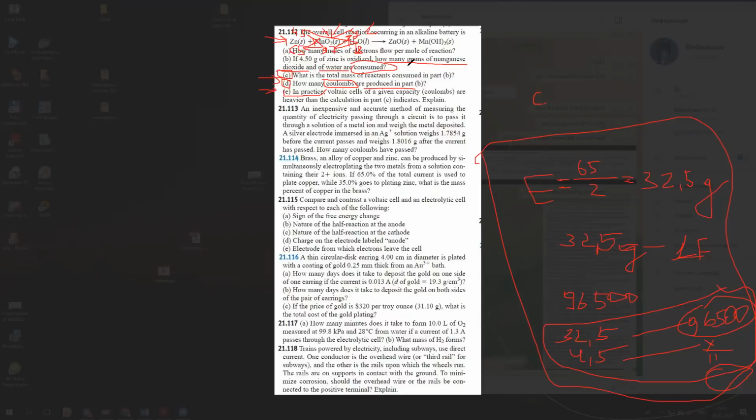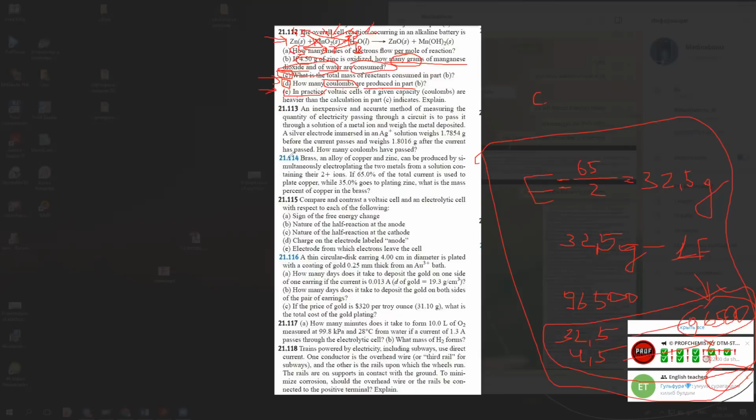No, you don't need to, because all of the masses of the substances will produce the same type of number. Just calculate for the zinc, that's it. Okay, done. And what should you do for the E problem?